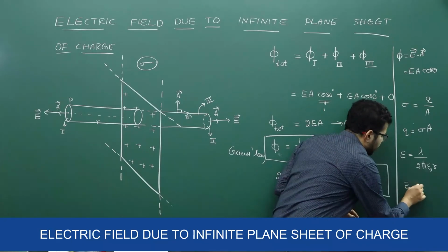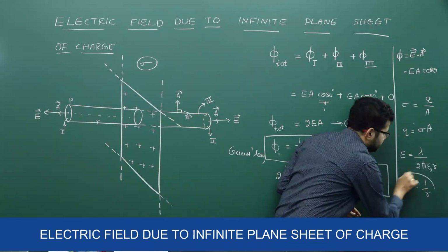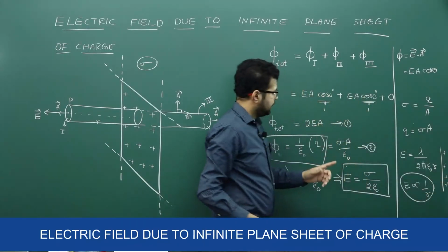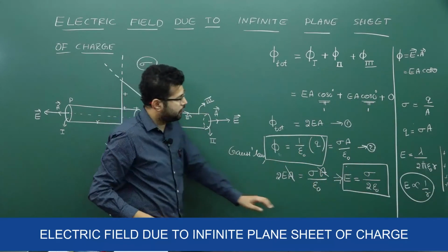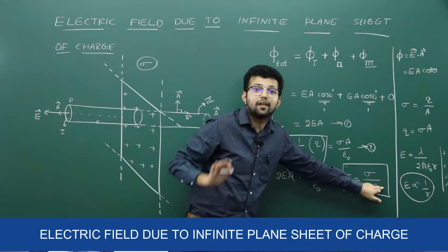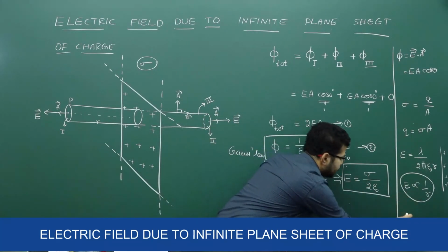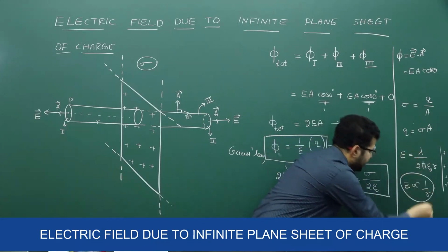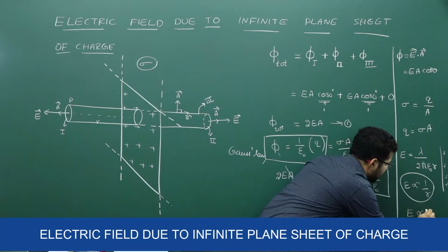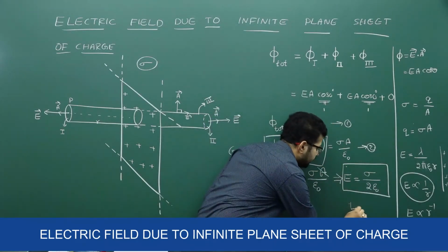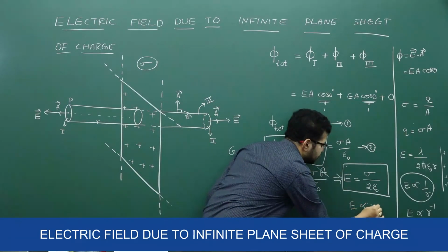So, the electric field was inversely proportional to distance in the case of linear charge, but in the case of a plane sheet of charge, the distance term r is not there. In the case of the straight wire, electric field is proportional to r to the power minus 1. Here, electric field is proportional to r to the power 0.